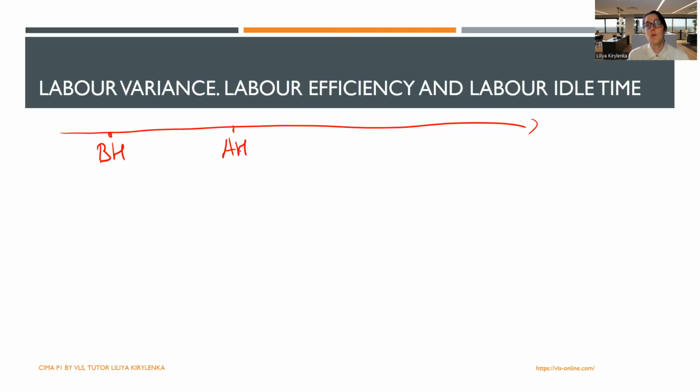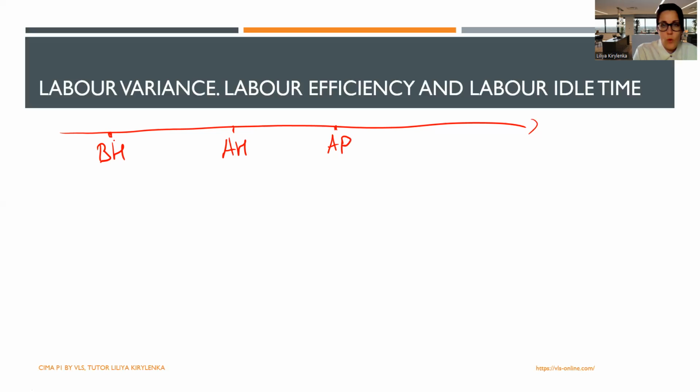We need to employ them for some longer time, like 40 hours a week, or 160 hours a month, or half of the shift. So the number of hours that we actually paid for the employees will be different.